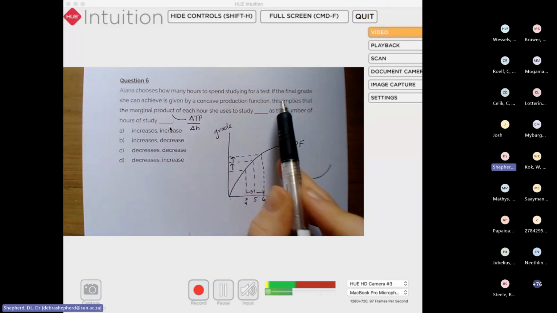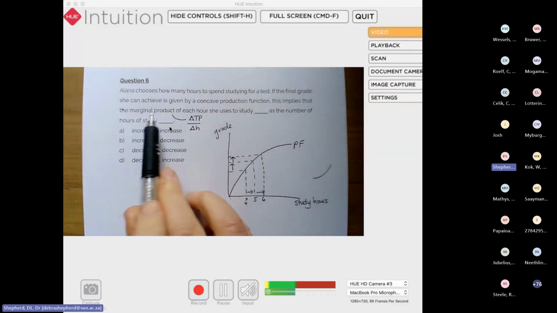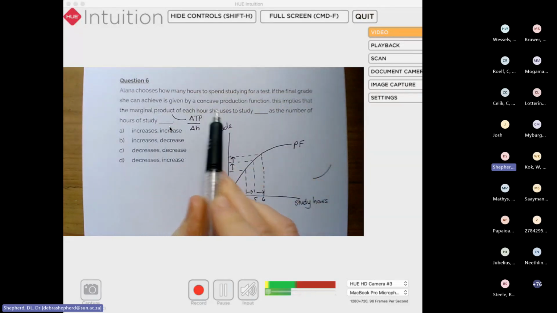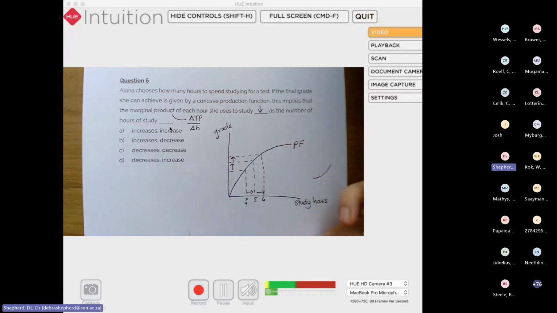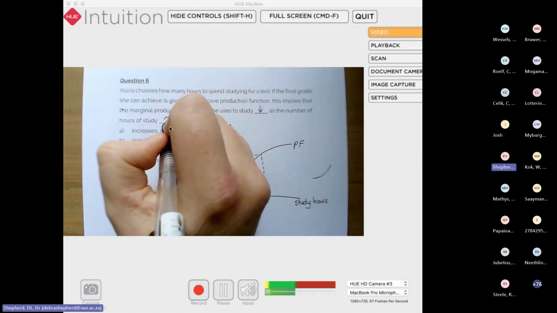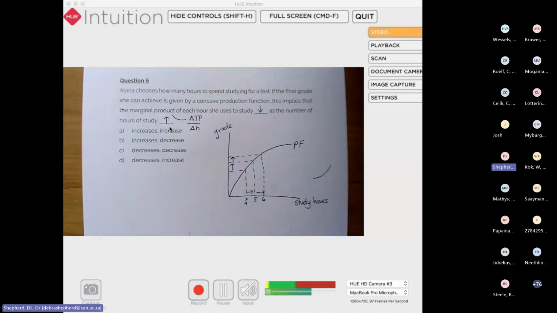And so the answer to this question would be the marginal product of each hour she uses to study decreases as the number of hours of study increase. So the answer is D. So the marginal product of a concave production function is diminishing.